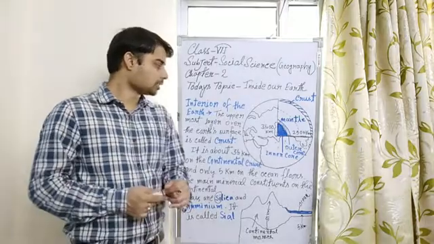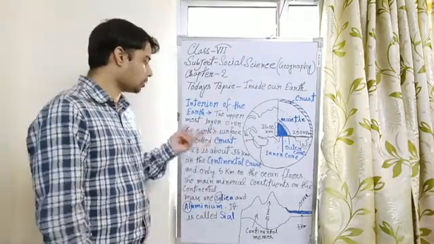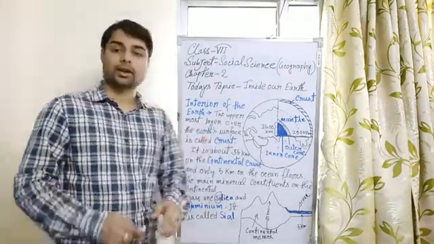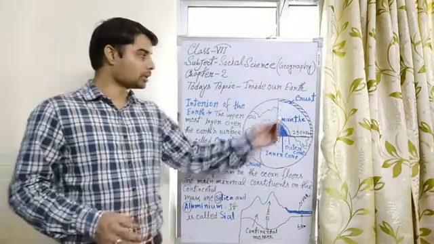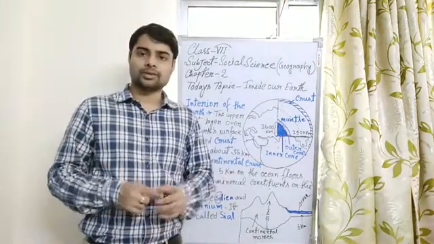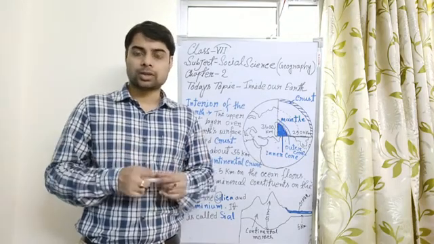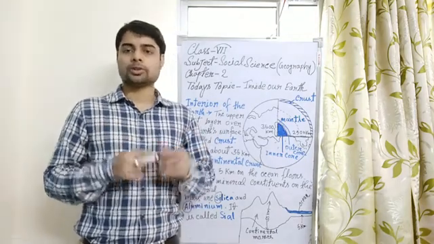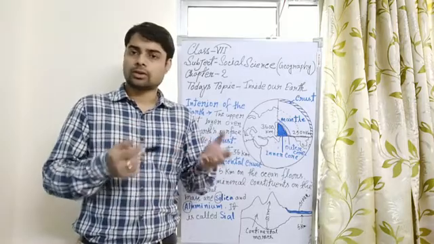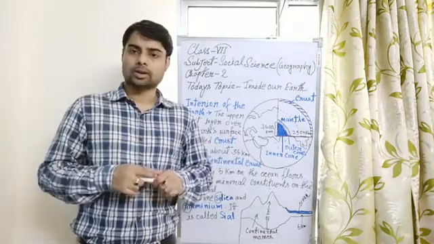First, the uppermost layer of the earth's surface is called the crust, and all the mountains, all the rivers, all the oceans are present over the crust.